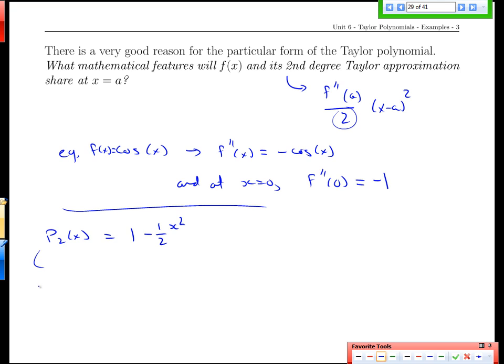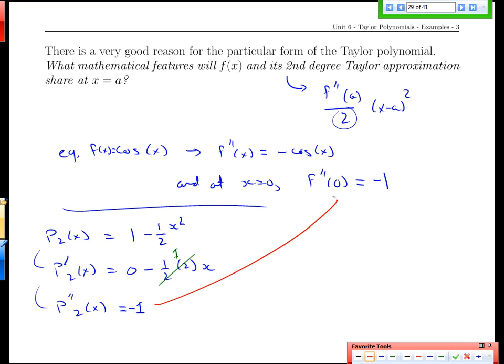If we differentiate this twice, let's take the first derivative, we'll get 0 minus, the halves cancel, I'm going to bring a 2 down, minus 1/2 times 2x, and p double prime of x is going to equal, well, these will have canceled already to become 1, and so this will simply become negative 1, and so these two will match.